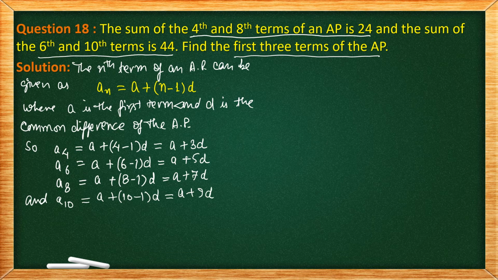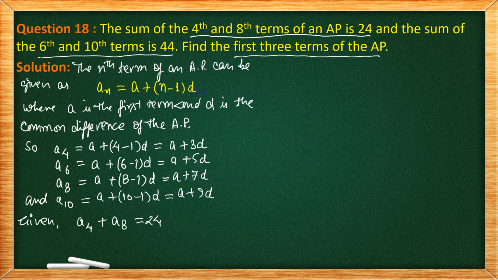Now as per the given condition, the first given condition is the sum of the fourth and eighth terms is 24. So this is the fourth term A4 plus the eighth term A8 is equal to 24.